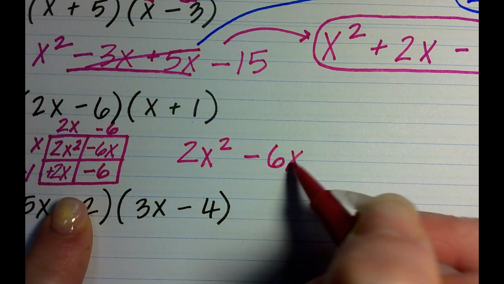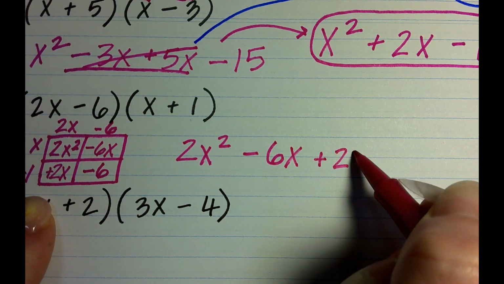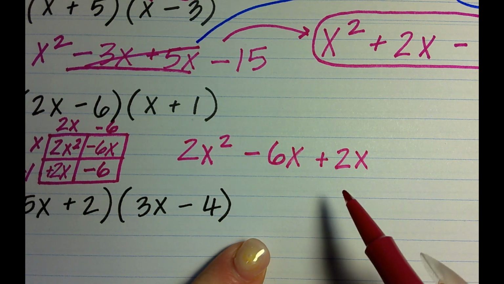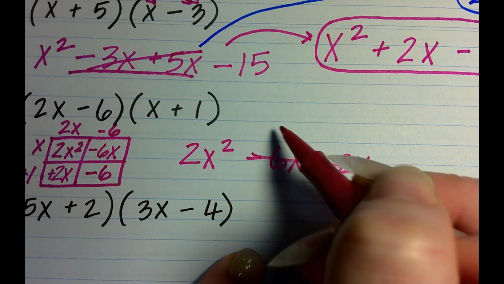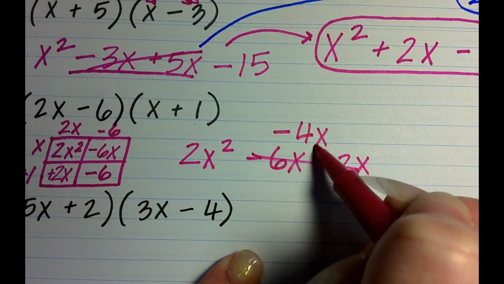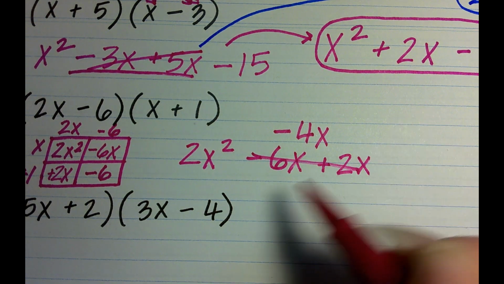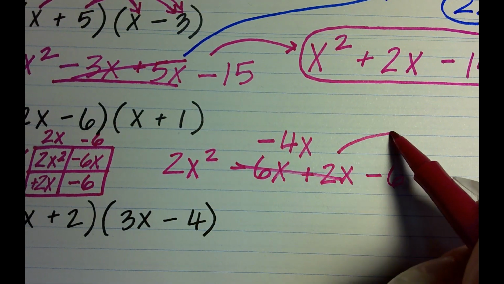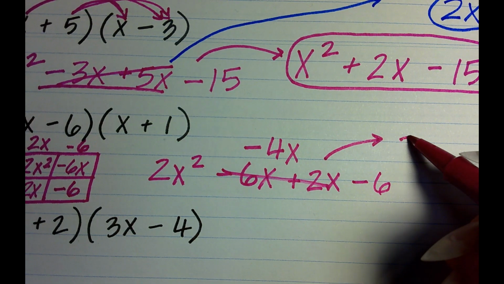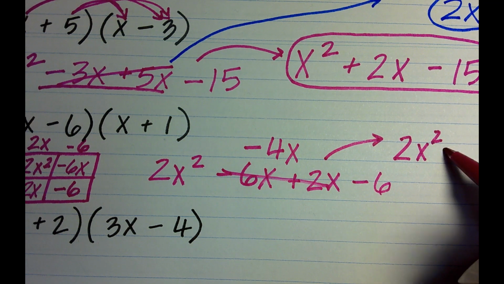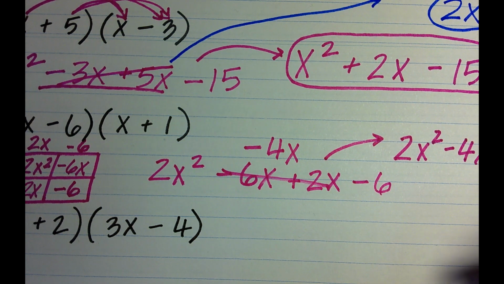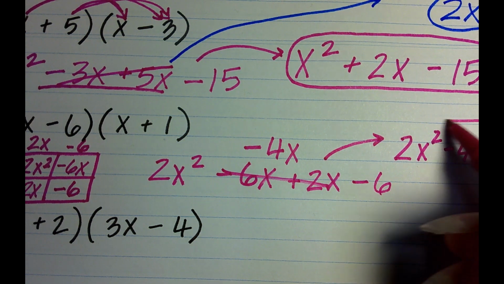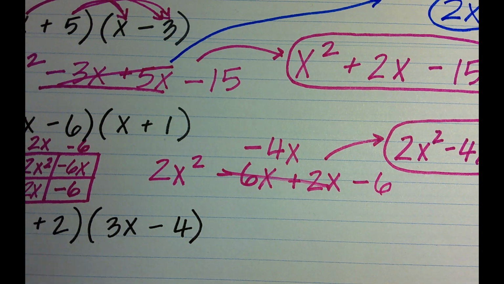I've got -6x plus 2x. And you said that's going to come out to -4x? Yeah. That is correct. Perfect. And then -6. So our total written out answer is 2x squared minus 4x minus 6 for number 2.